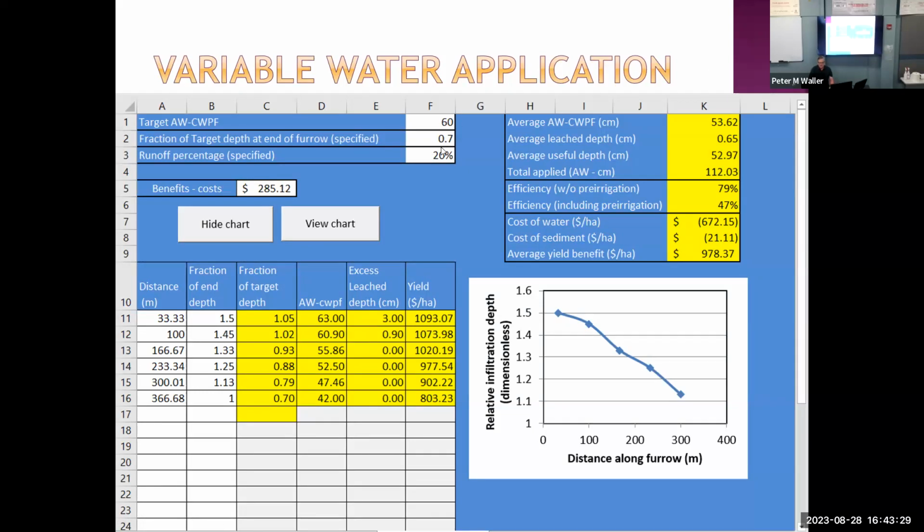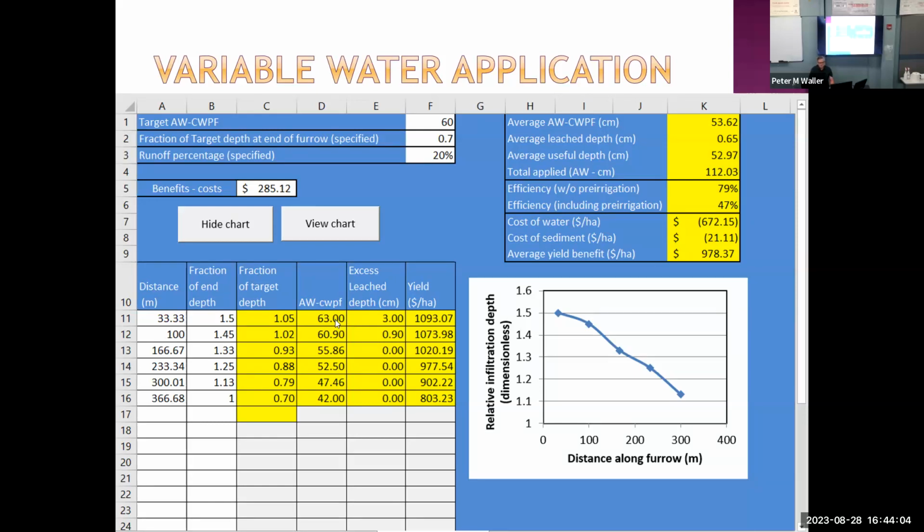All right, so at 0.88, what was your benefits minus costs? Okay, so you saved a lot of money. So you're putting on 88% of 60 at the end of the furrow. And so that means how much are you putting on at the end? Like 55 or 50? $52.8, and how much at the beginning?